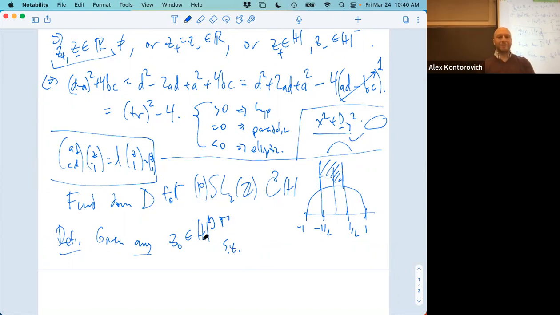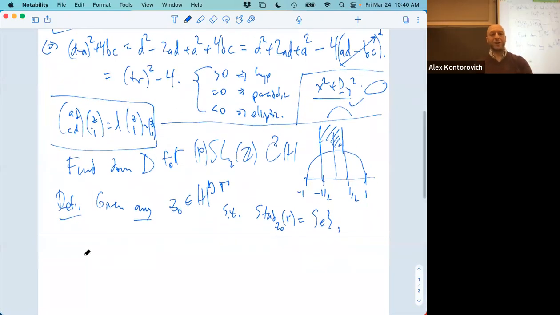Given any base point which is not fixed by an elliptic element of gamma, such that the stabilizer of Z0 in gamma is trivial, I'll explain in a second why you need this condition, there's something called a Dirichlet domain.